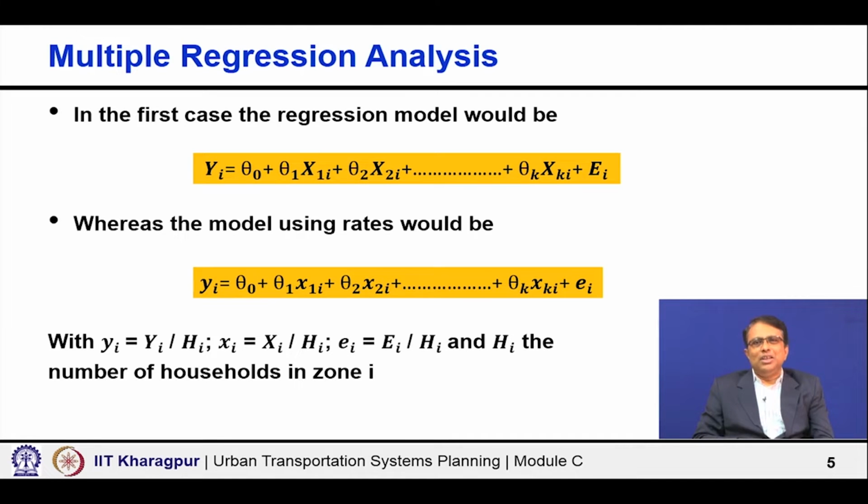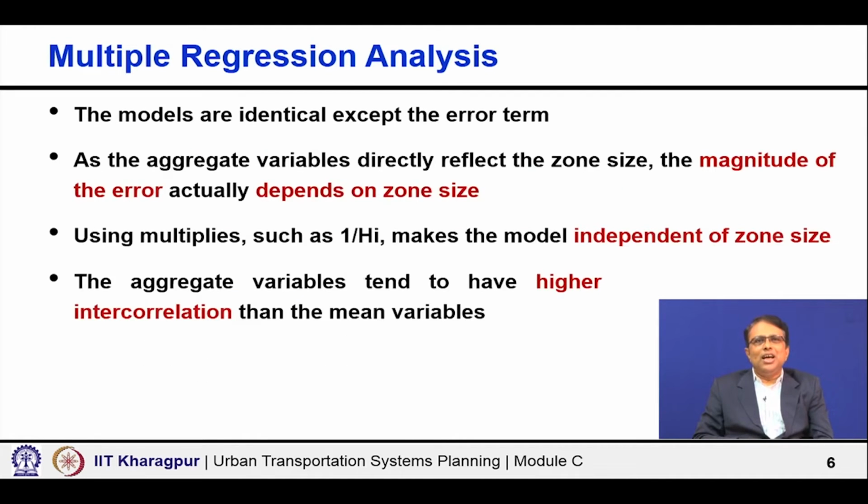So, I have written exactly for this reason that the models are identical except for the error term. As the aggregate variables directly reflect the zone size, when you are using aggregate variables, the magnitude of the error actually depends on the zone size, because your variable values or inputs will depend on how big the zones are.